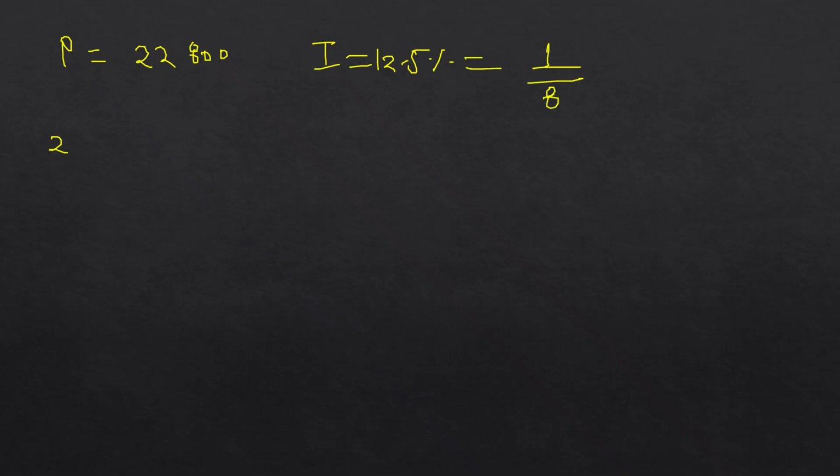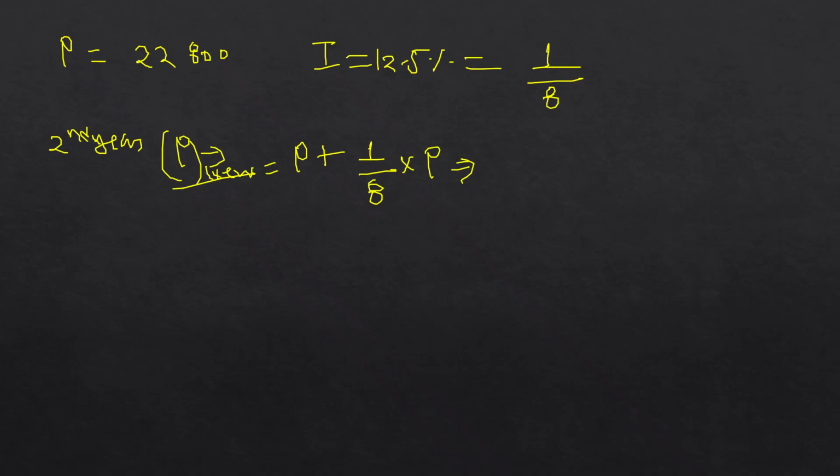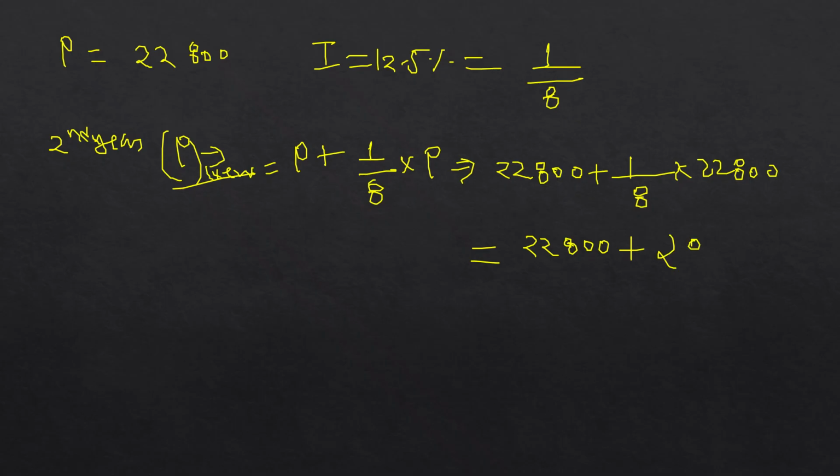So for second year, the new principal becomes old principal plus interest into principal, or we can write 22,800 plus 1 by 8 into 22,800, and we can solve it. 1 by 8 will become 2,850.